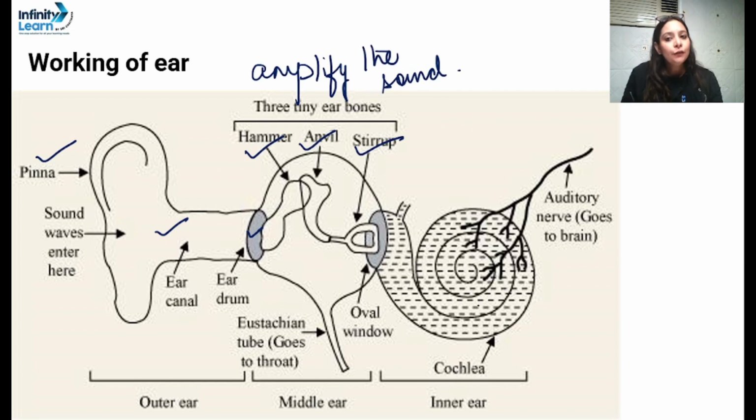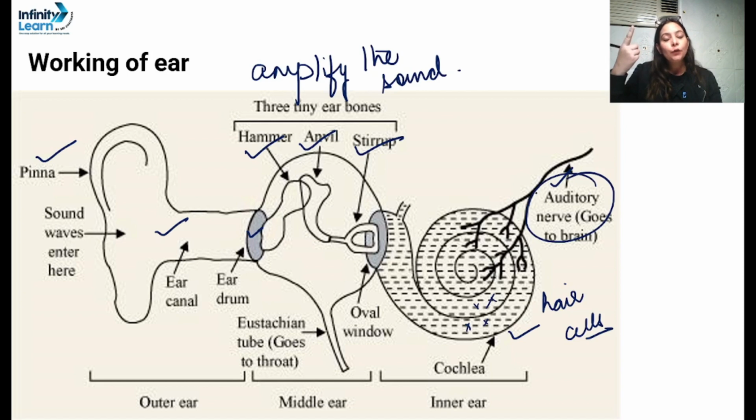It is filled with fluid, and the membrane is basilar membrane, and it contains many hair cells. On receiving the vibrations, these hair cells get active. And when they get active, they convert that sensitivity into electric signal, and send it to brain through auditory nerve, and then your brain analyzes what you have listened, and then you get to know what kind of sound you have heard.